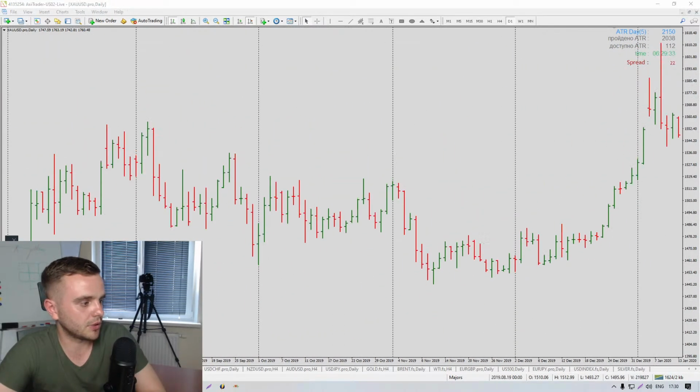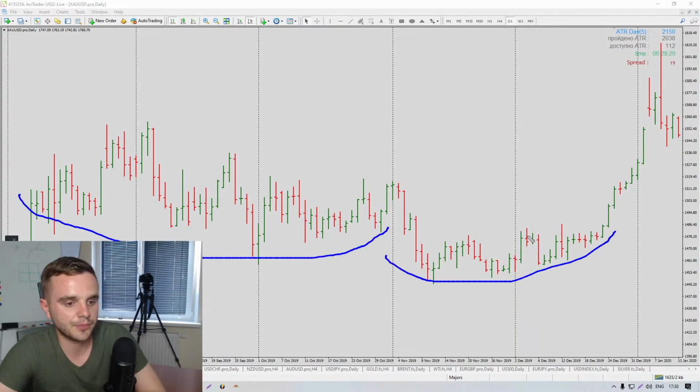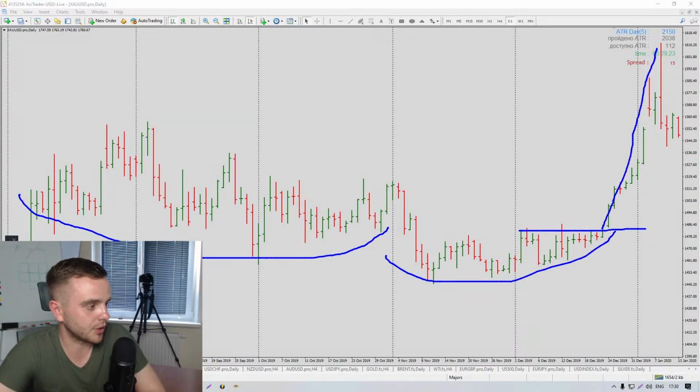At this moment, as you can see, price was in this accumulation, broke out of this accumulation, and you can see what happened. 2,000 pips up, and I think something like that can happen again.